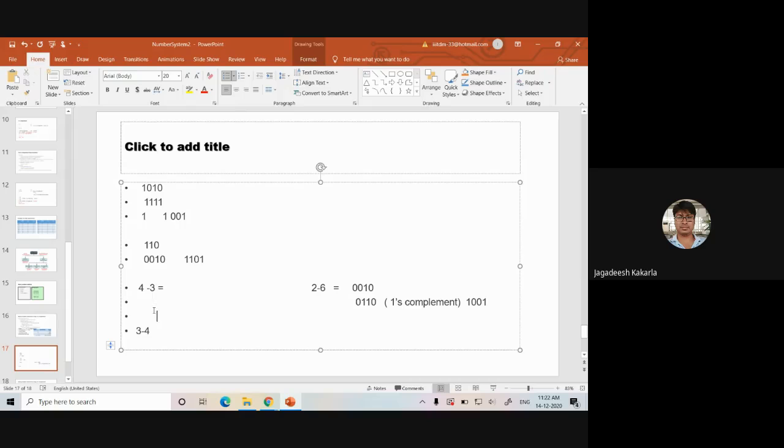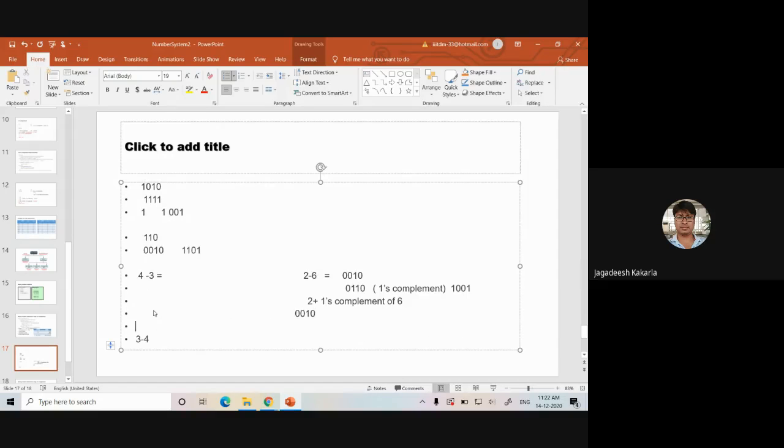So now what you need to do? Let me write here. So the procedure is 2 plus 1's complement of 6. Am I right or wrong? Okay. Now I got the 2 as 0010, and similarly, I got the 1's complement of 6 as 1001.